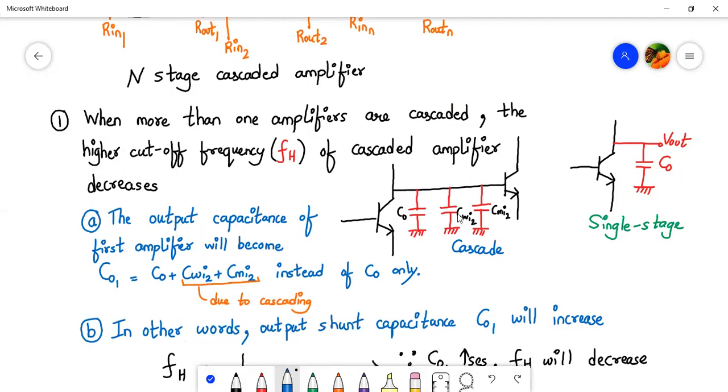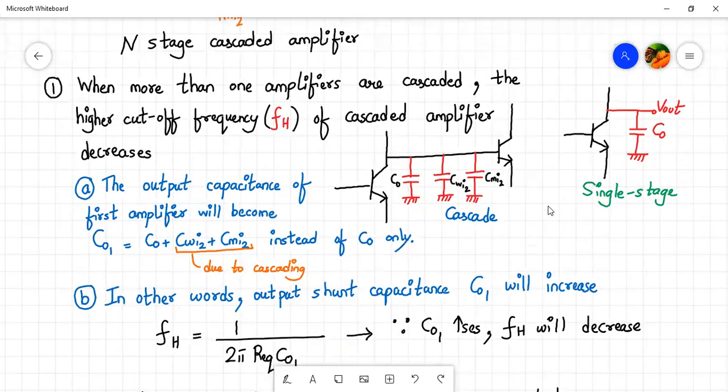But now, since we have a second stage connection, the second stage will have wiring capacitance and Miller input capacitance associated. So CWI2, where 2 stands for second stage, and CMI2 will also be added due to cascading. They are all connected in parallel, so that's why there is addition. That means it will increase my output parasitic capacitance whenever we connect an amplifier in cascade.